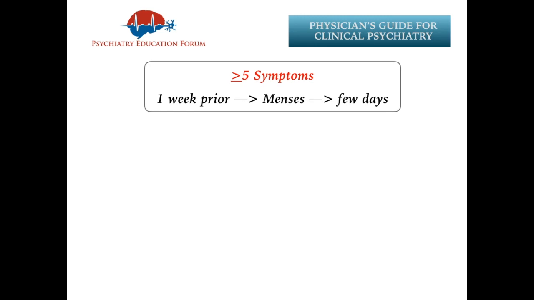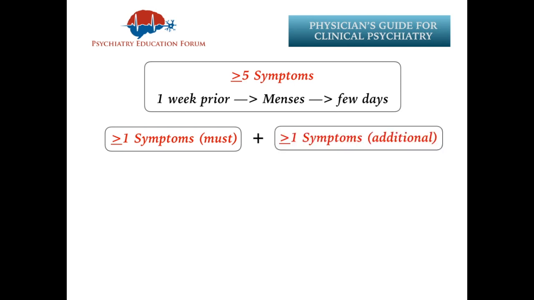Now, what symptoms are we talking about? DSM-5 makes 2 categories here for symptoms. First category symptoms are a must. At least one of these symptoms should be present. And then there are some additional symptom categories that may accompany this must category.